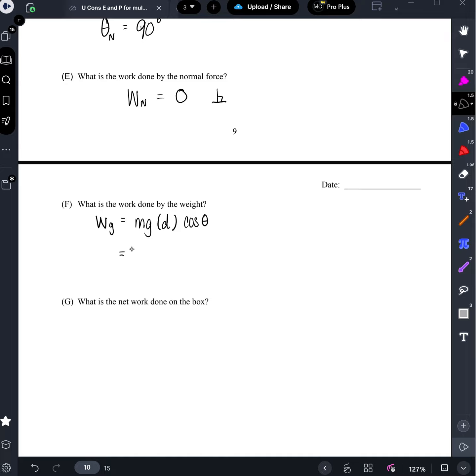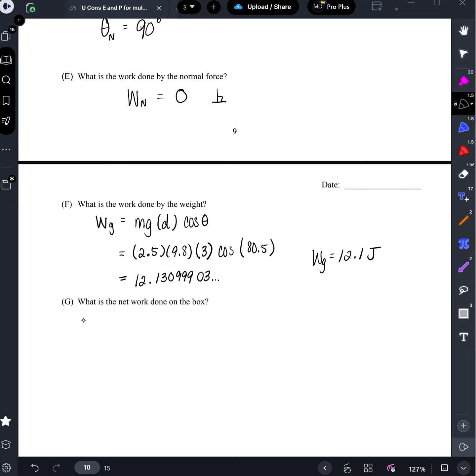Looking back at the statement of the problem, the box on the ramp is 2.5 kilograms, g is 9.8 meters per second squared, and it's displaced by 3 meters sliding down the ramp. And I think you can remember from above that the angle is 80.5 degrees. A little punching on our calculator gives us a work equal to 12.130999903, or that the work done by gravity is 12.1 joules.